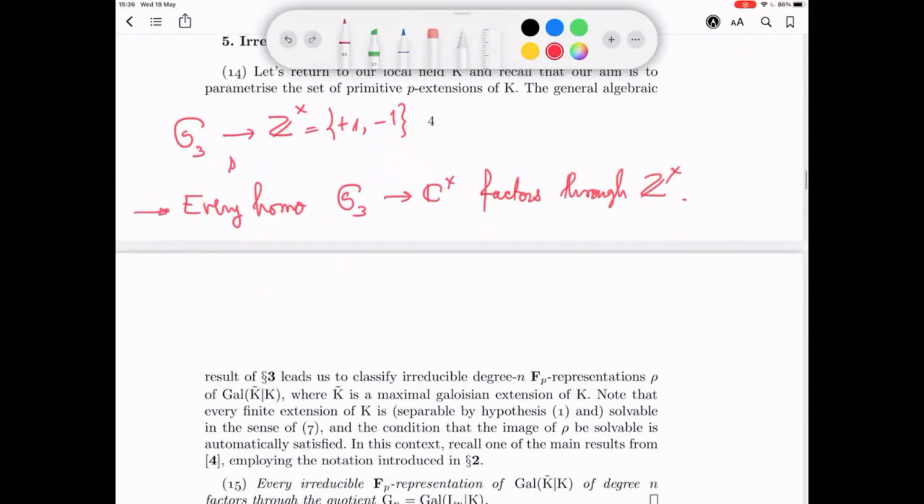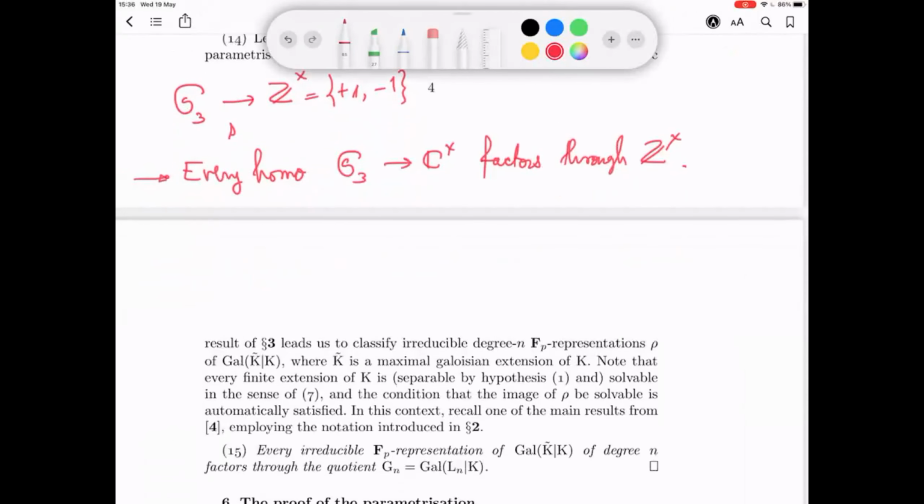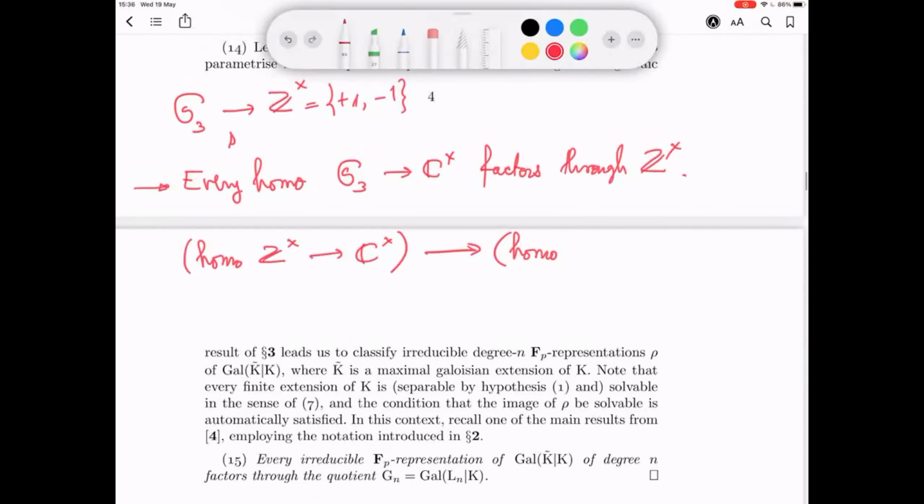So what it means is that, suppose I'm given a homomorphism Z star to C star. From this set, I have a mapping to the set of homomorphisms from S3 to C star. What is this mapping?